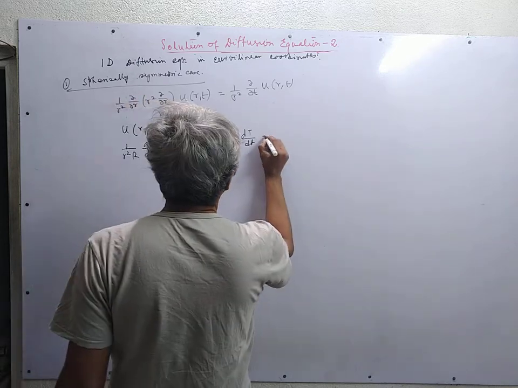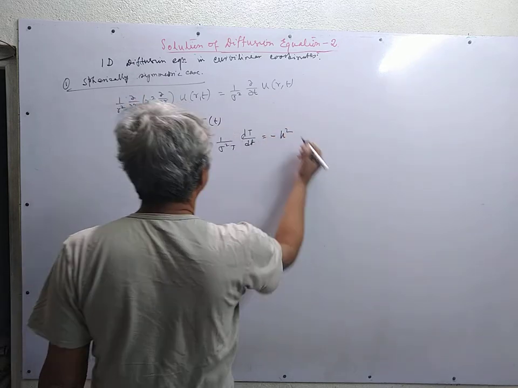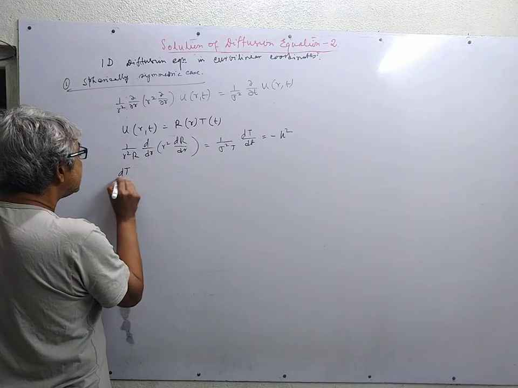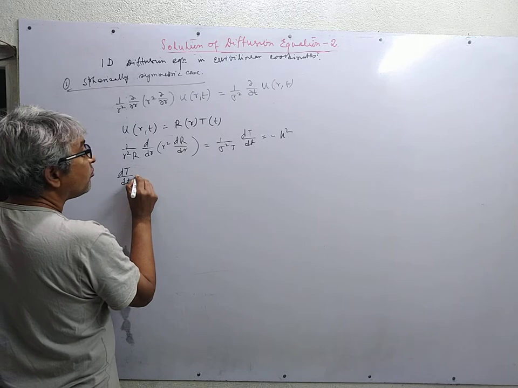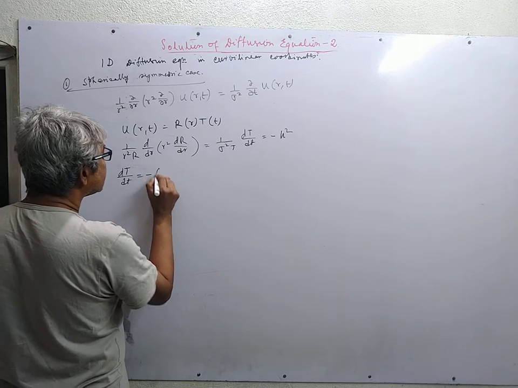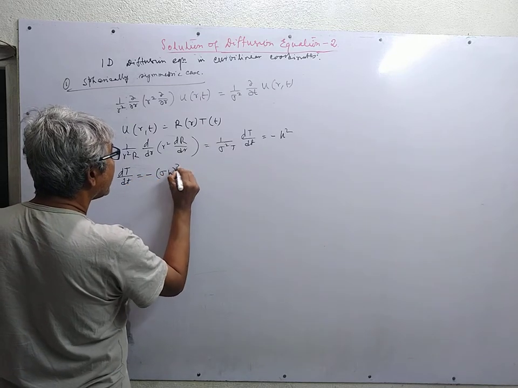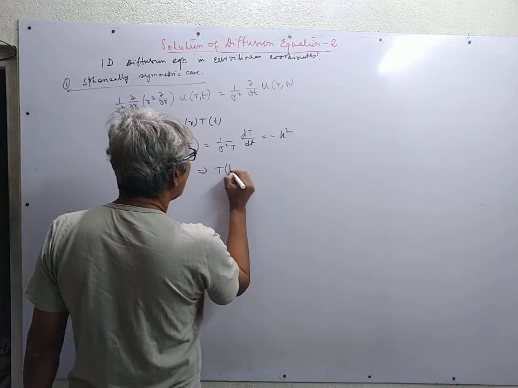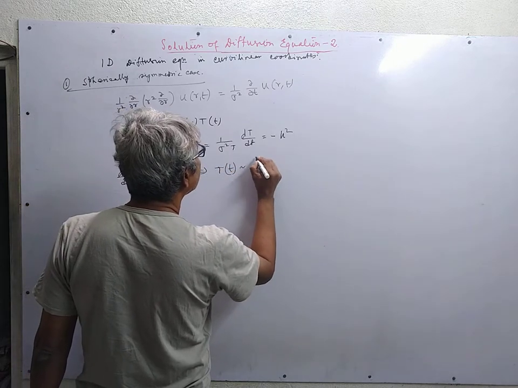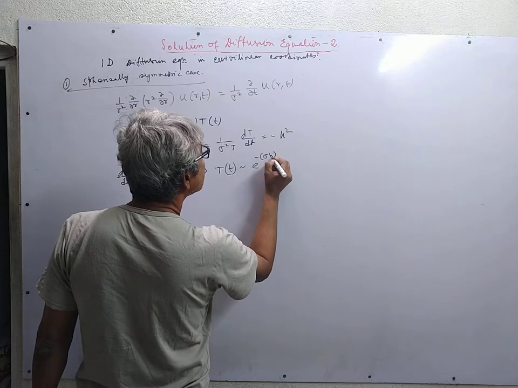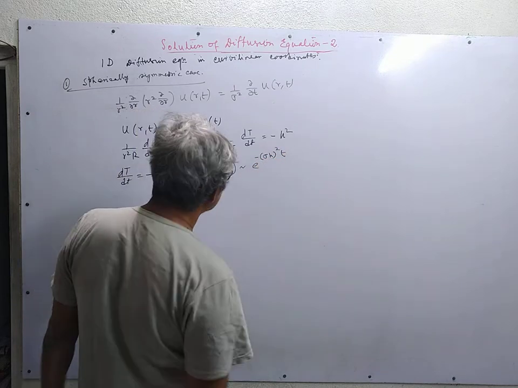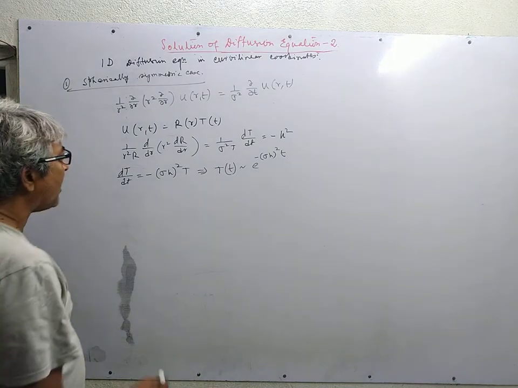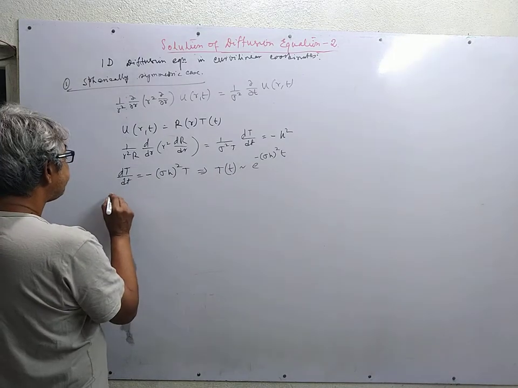We use the separation constant to be minus k square, so that the T equation becomes dT/dt is equal to minus (sigma k) whole square T, with solution T(t) of the form e to the power minus sigma k square t. This decreases exponentially with time.